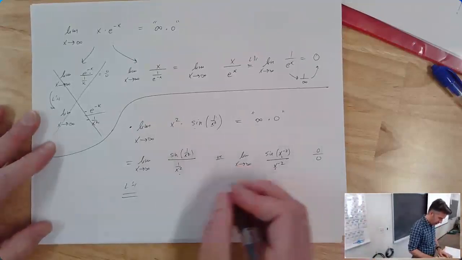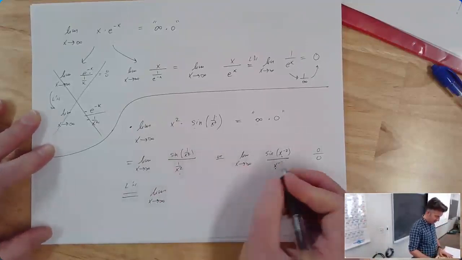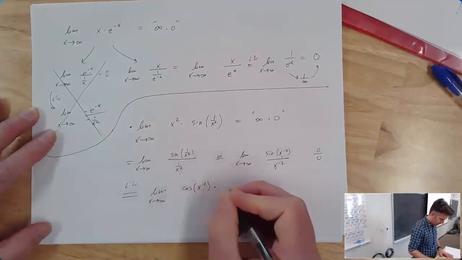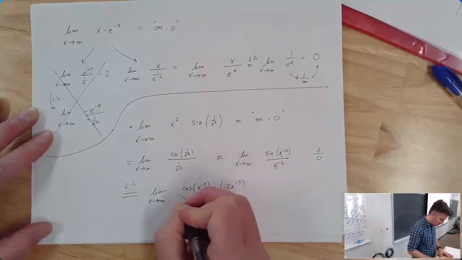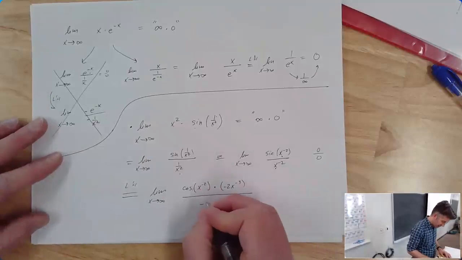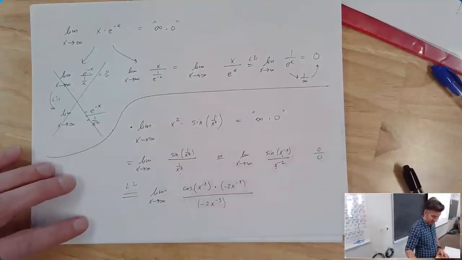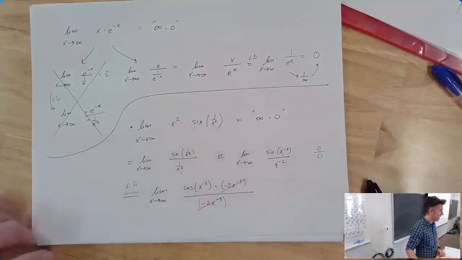When I use L'Hopital's rule and take the derivative of the top, I'm going to get cosine of x to the negative second times the derivative of x to the negative second, which is negative 2x to the negative third, over the derivative of x to the negative second, which is negative 2 times x to the negative third. And those are definitely for sure just going to cancel out. I should cancel out things that are definitely the same.